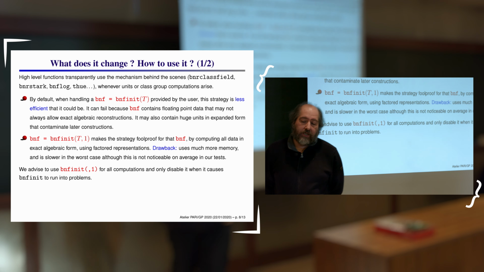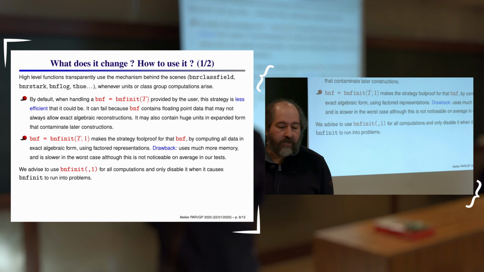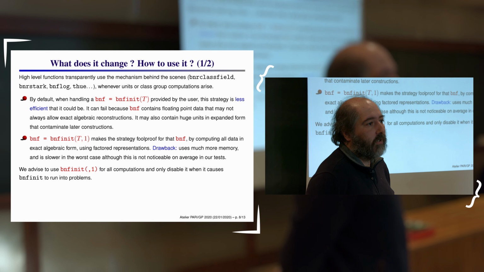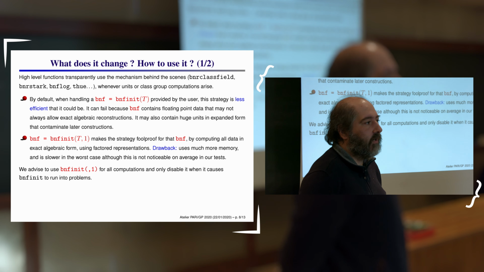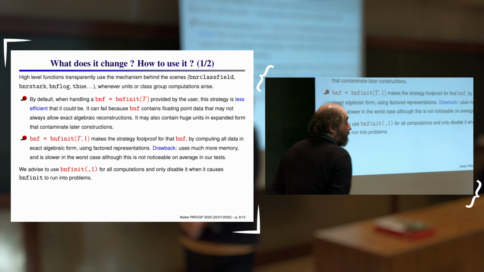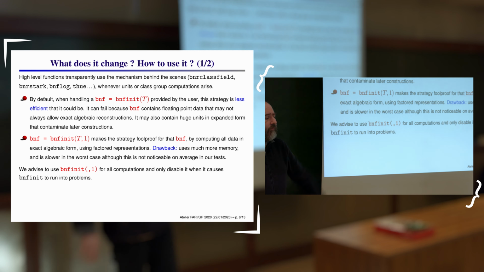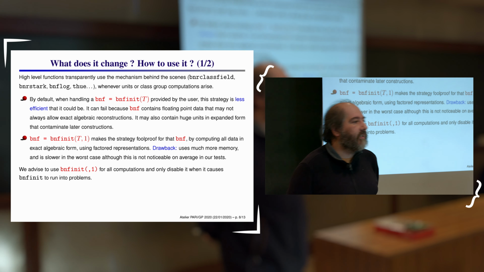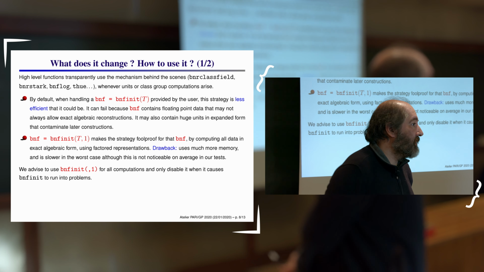So sometimes we have benches where a given BNF init computation is twice slower, 3 times slower, 5 times slower, very, very rarely. But on average, we had a huge list of benches. When we sum over all the fields, the slowdown was not noticeable.